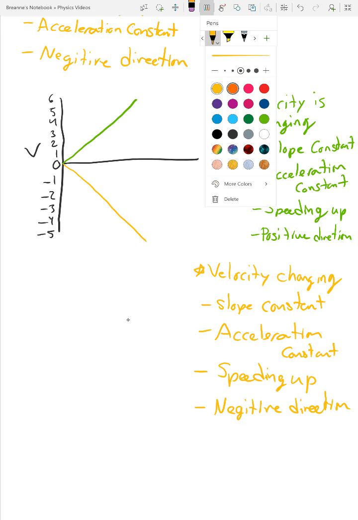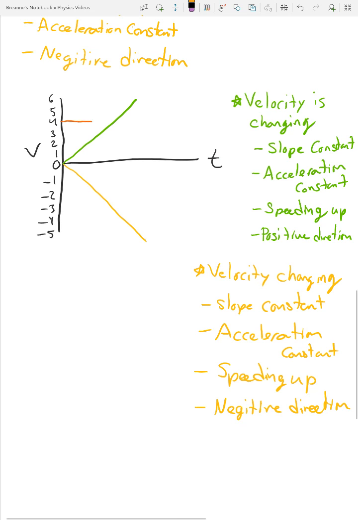Now, we basically have two different horizontal lines. We have horizontal in the positive and horizontal in the negative, but they kind of mean the same thing. It means our velocity is constant.